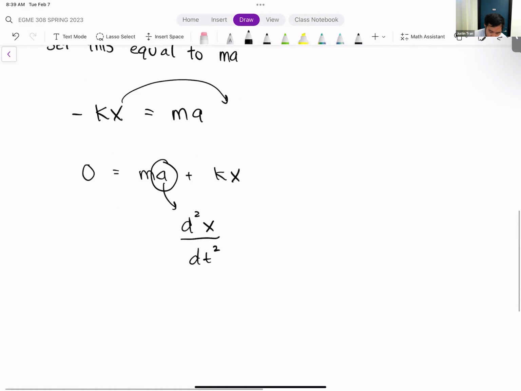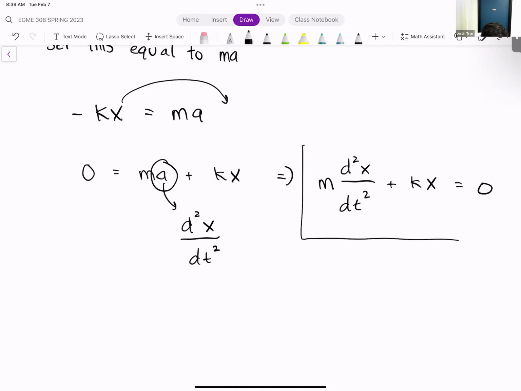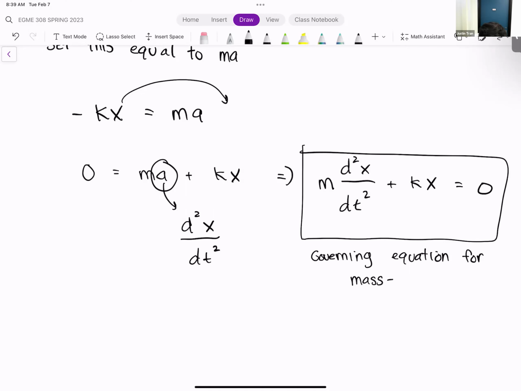If we put this all together, we get the simplest differential equation we can for a mass spring system: the mass times the second order derivative of the position plus k times the position equals 0. And that is going to be our governing equation.